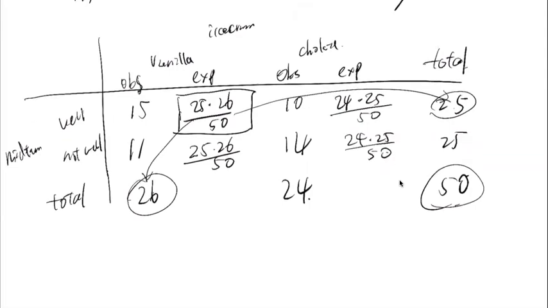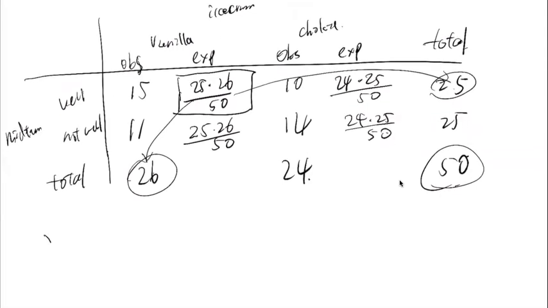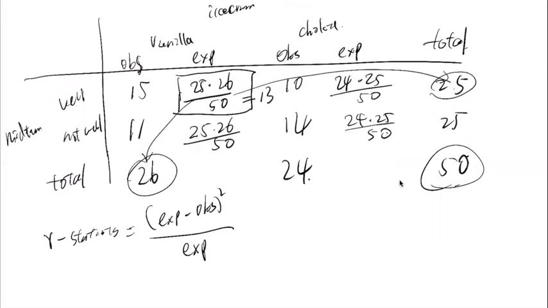And remember, for chi-square, the statistic is always defined as expected minus observed squared, or observed minus expected squared, it doesn't make a difference, divided by expected. So in this case, we need to calculate the specific values. This is 13, this is 13, this is 12, and this is 12.